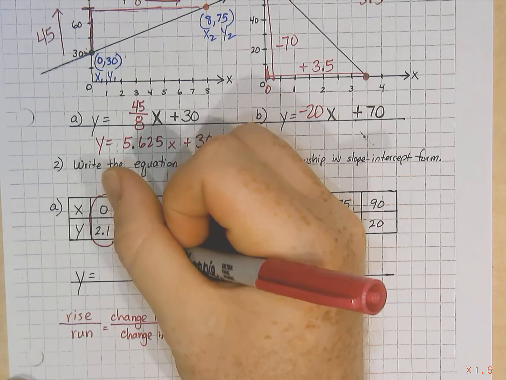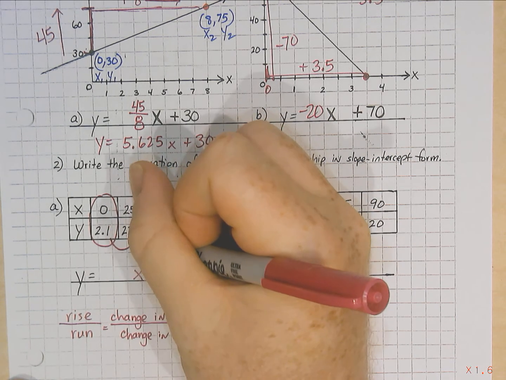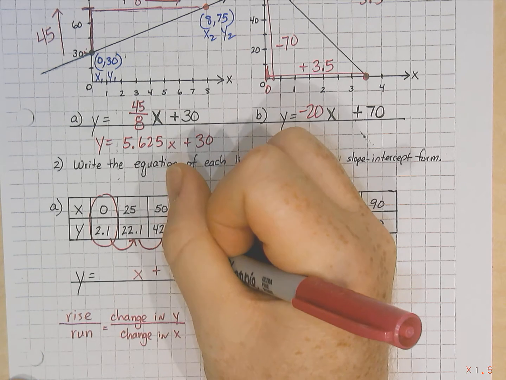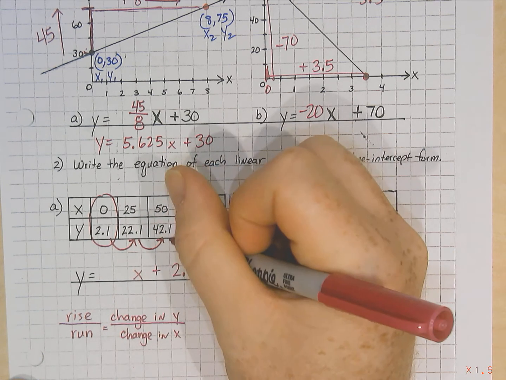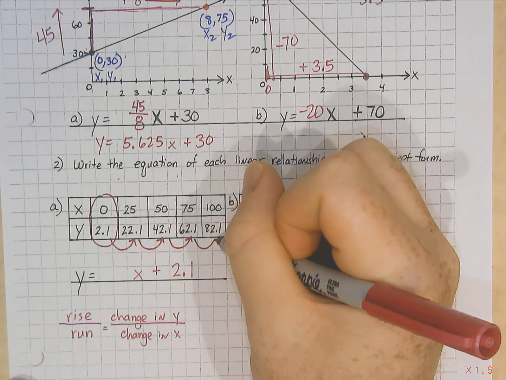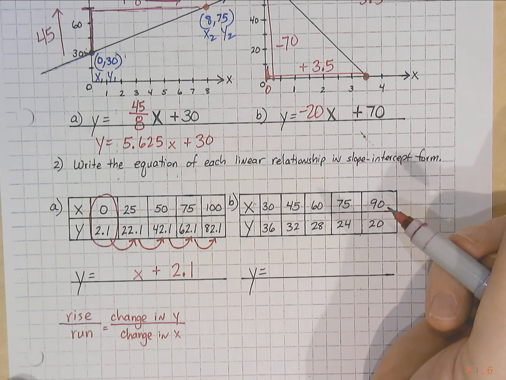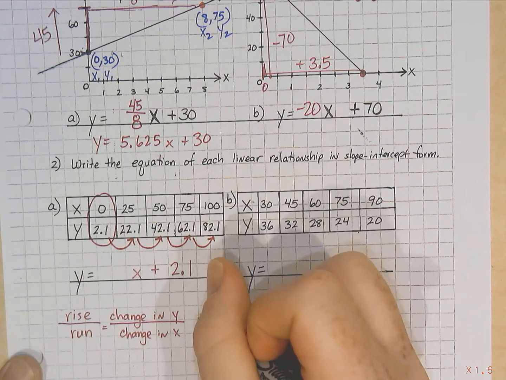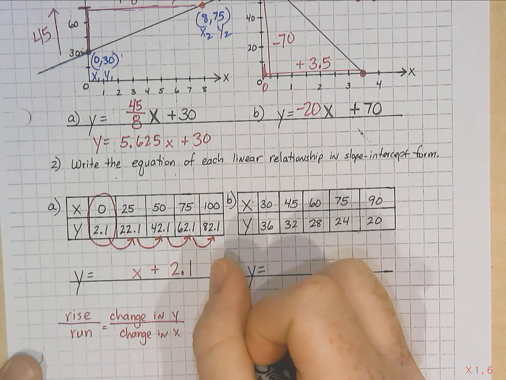What's the change in y? Well, that one's changing by 20. This is also changing by 20, this is also changing by 20, this is also changing by 20. So the change in the y values is 20. So you're adding 20 each time. That's your rise.